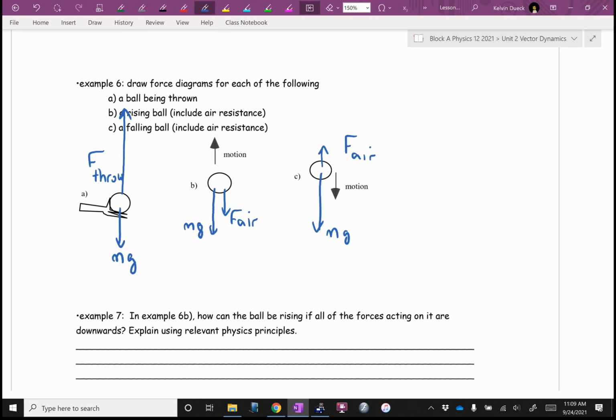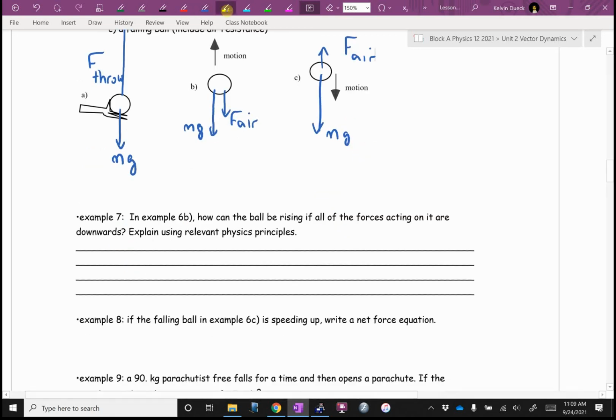In example 6b, in this middle one right here, how can the ball be going up when all the forces are pointing down? What's that mean? That's like saying cos physics. Convince me. But doesn't the fact that I'm accelerating down mean I have to be traveling down?